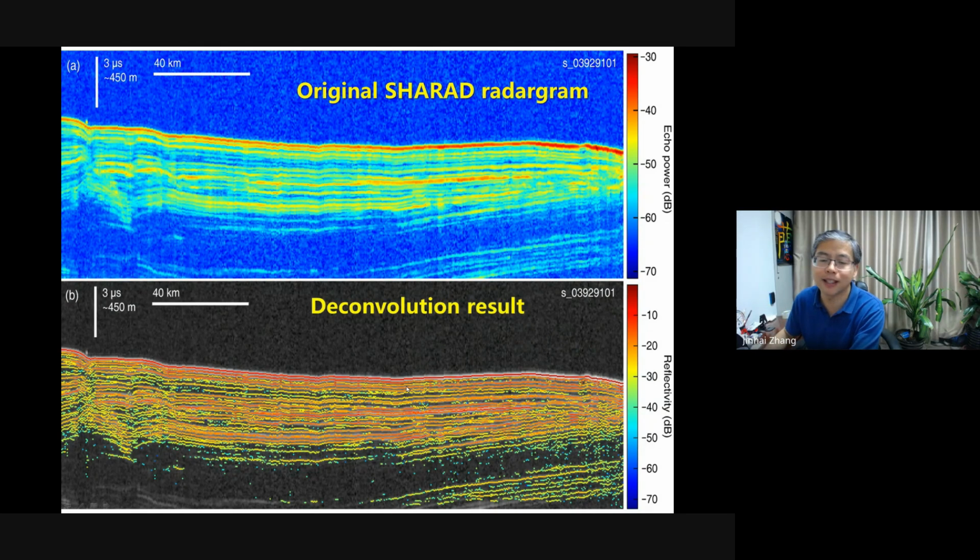That means we can pick up very tiny reflectivity, and those that are mixed or convolved into each other can be separated by our deconvolution. Also, the horizontal or lateral continuity can be improved. We can see many more thin layers.